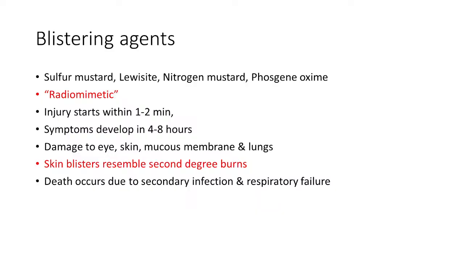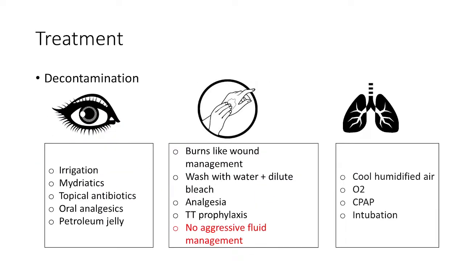Blistering agent and how it should be managed. The first and the most important thing in any chemical agent is decontamination, and I have discussed in detail how to decontaminate. If you have to decontaminate the eyes, what will you do? How is irrigation done? In a resource limited setting, place nasal prongs at the medial end.